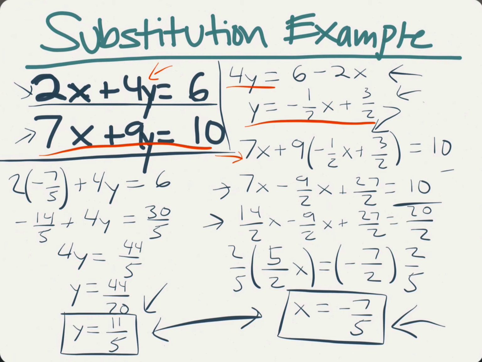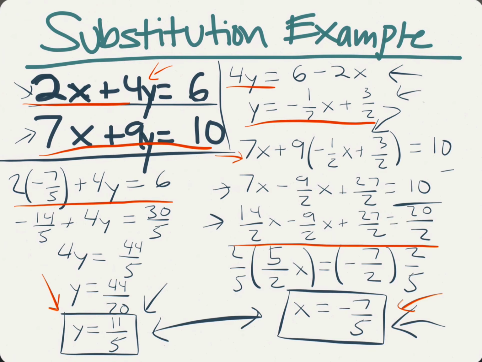So then you have to multiply all of that out. You have to get common denominators, which is a pain. And then you have to add everything together, and then you eventually end up getting x equals negative 7 over 5. Then you're plugging that value into this equation down here. Then you're distributing, and you're adding, and you're dividing, and finally you get that y is equal to this.